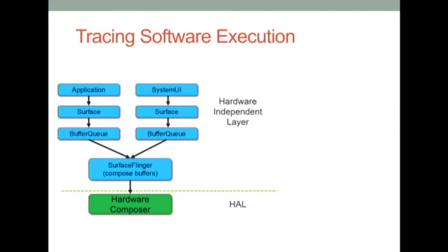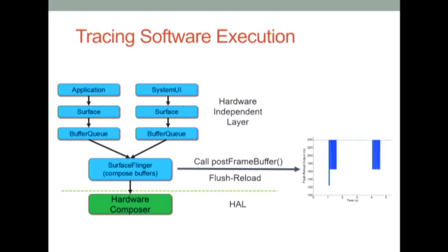Okay. And also, we try to show another category of attacks, which is tracing software execution. In this example, we show what function is called in Android devices when the display is updated. Particularly, we Flush+Reload one function called post frame buffer, which is used in the SurfaceFlinger service, and by doing so, we can learn when the display is updated.